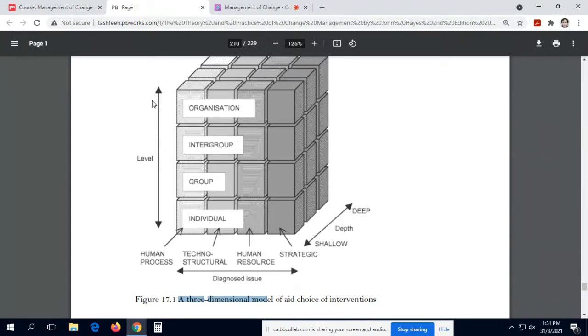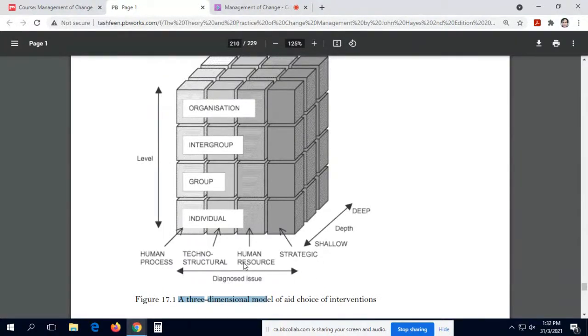So, individual level, and then the group level, and then the intergroup level, and then the organization level. You are seeing that it is from individual, going to a group of people, and then all the way to organization-wide change.